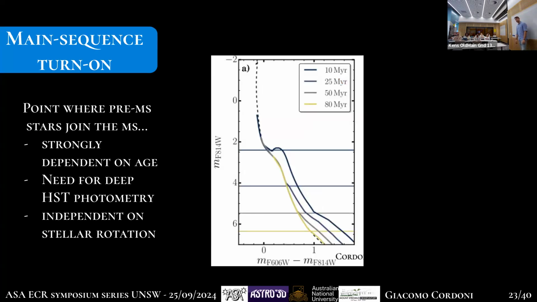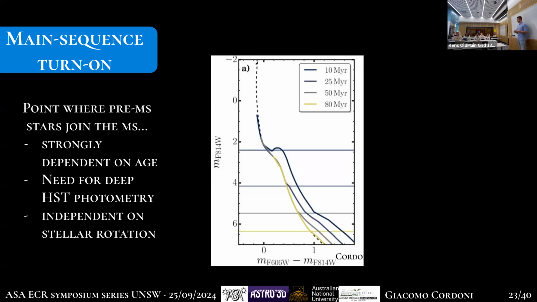So in 2019, we came up with a new approach. Not exploiting the main sequence turn-off, but exploiting the main sequence turn-on, which is not very well known, not very used, but it has very nice features. One of the most important is that it is strongly dependent on age.